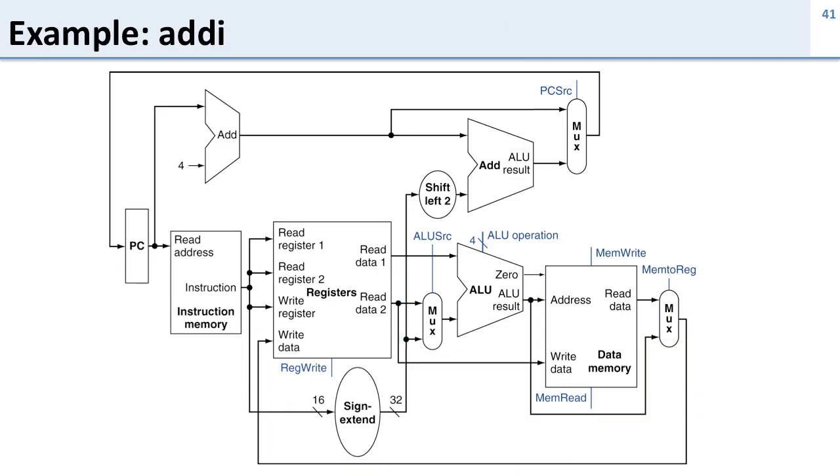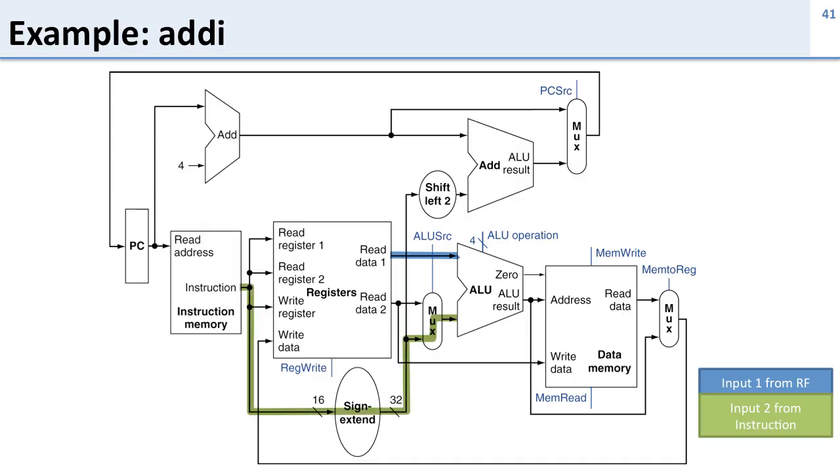All right, so let's take a look at an example here, the addi instruction. Where do we get data from and where do the results go? So the first input comes from the register file. First input always comes from the register file. There's no mux there, so we can't get it from anywhere else. The second input is an immediate value that comes from the instruction. So the second input is going to be sign extended and go through the mux there that's controlled by ALU source.